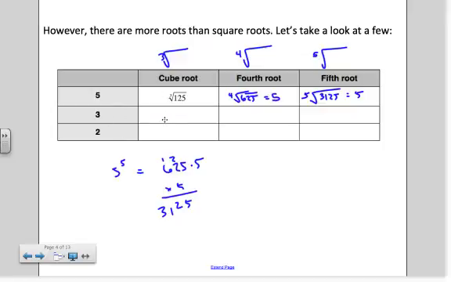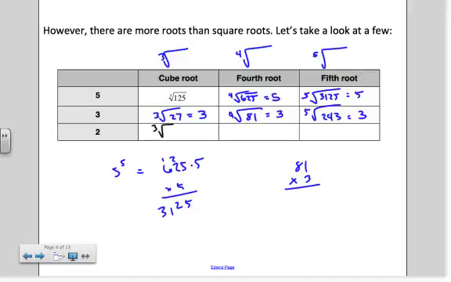Well, 3 cubed is 27, so the cube root of 27 is 3. The fourth root of 81 is 3, and the fifth root of 243 is 3. For 2, these are a little easier to remember in my opinion.